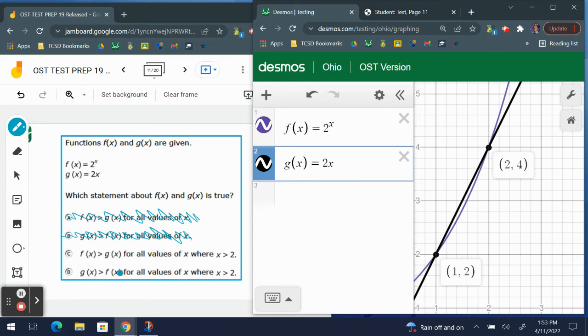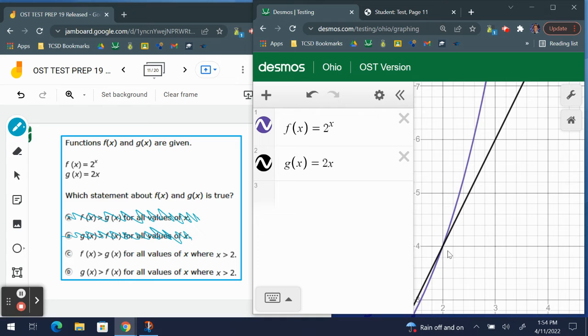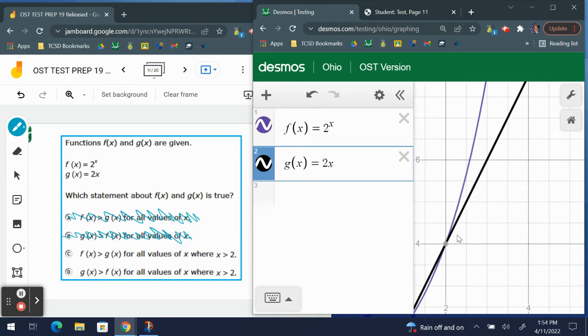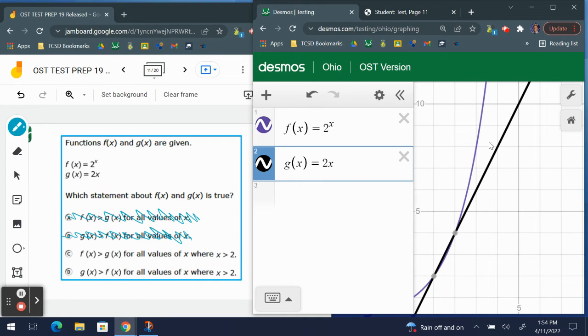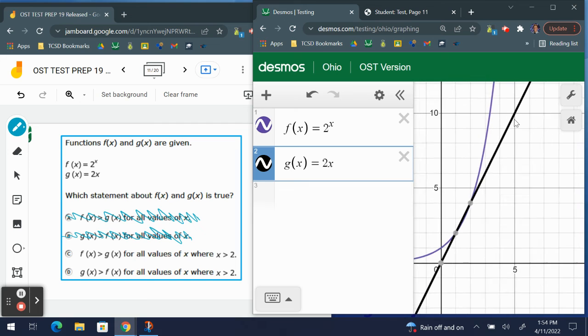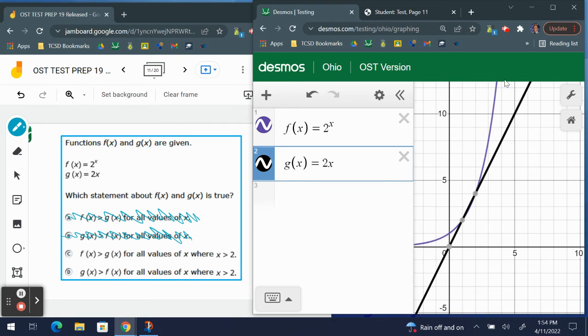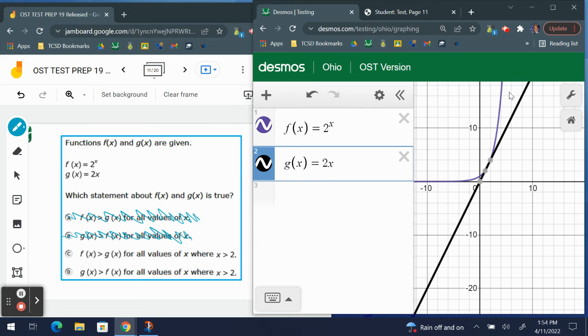f of x is greater than g of x for all values of x greater than 2. So after this point of intersection, if I zoom out, purple is always first. If I keep going on these x values, these vertical lines here, purple is always above.